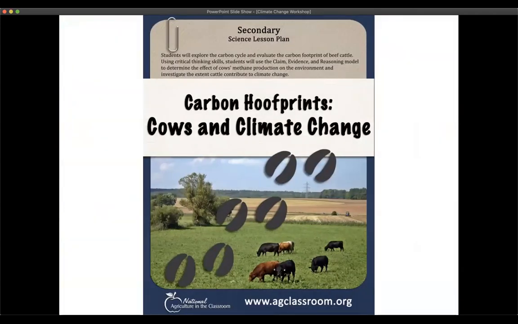This lesson is in the collection of lessons that are included in the chat URL that I shared, but it's called Carbon Hoofprints, Cows and Climate Change. Now that's a little bit of a play on words for carbon footprint, except we're talking about hoof prints. But we are going to talk about what makes cattle different.